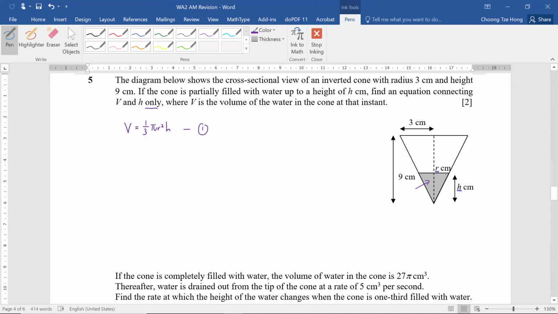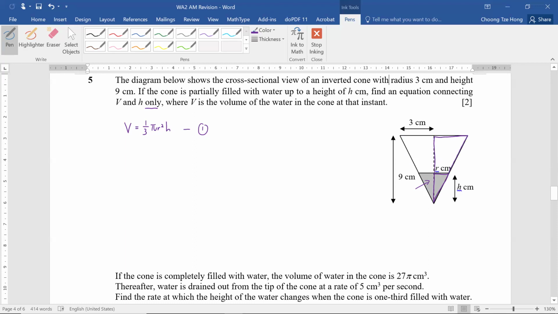For questions like this, we can always use the concept of similar triangles, whereby the ratio of corresponding sides are equal, to help us find a relationship between R and H, and then after that we can substitute away the R. Over here you can see that this small triangle, let me draw again, this small triangle over here is similar to the bigger triangle over here.